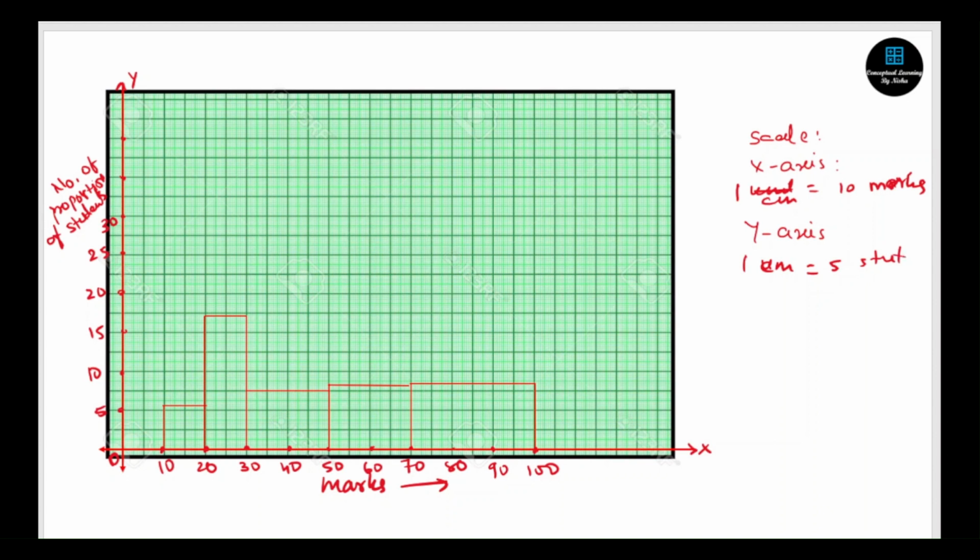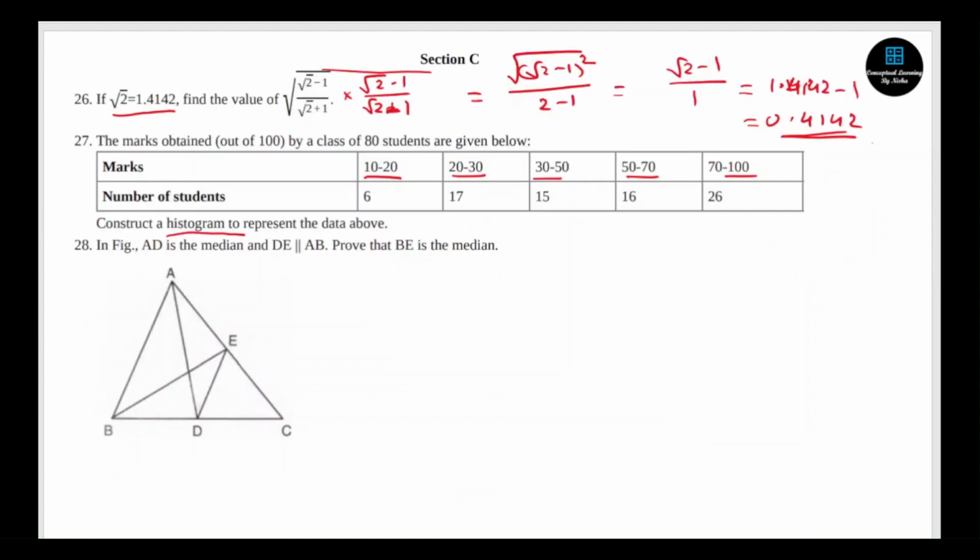These are proportions, okay? 5 proportion of students. So the students' proportion is given here because we have corrected the value. So make it carefully. You have to be really very precise while you construct the graph.